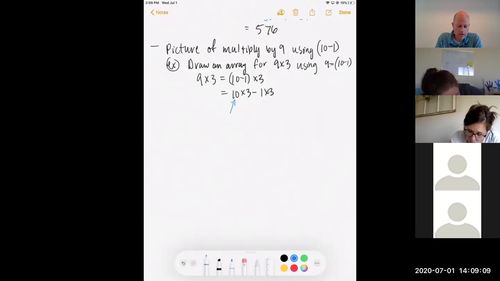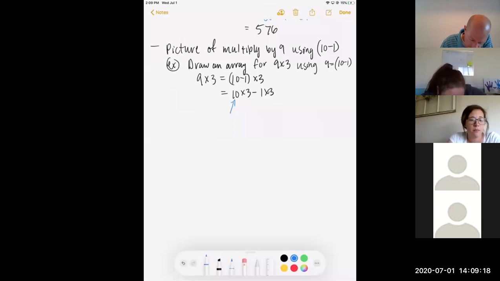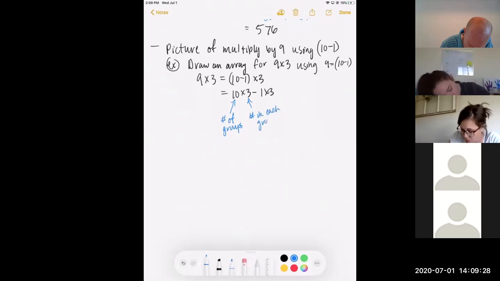So let's review it. We're just looking at 10 times 3. What does 10 times 3 mean? 10 groups of 3. Excellent. The 10 is the number of groups, and the 3 is the number in each group. So 10 groups of 3 is what we're going to illustrate.